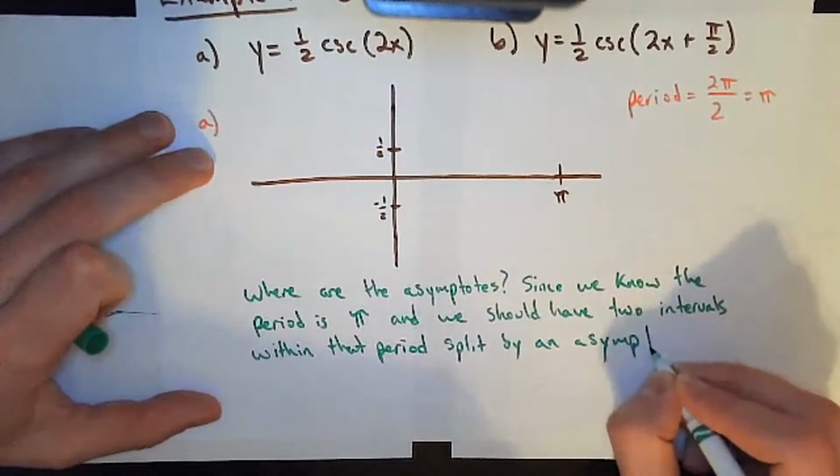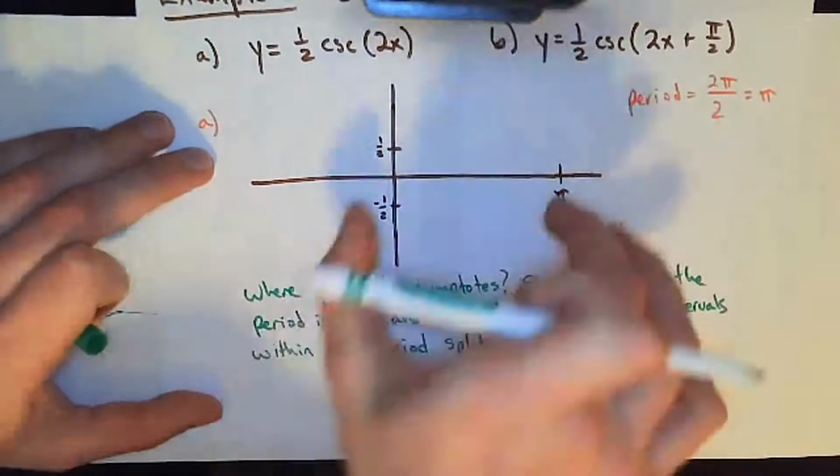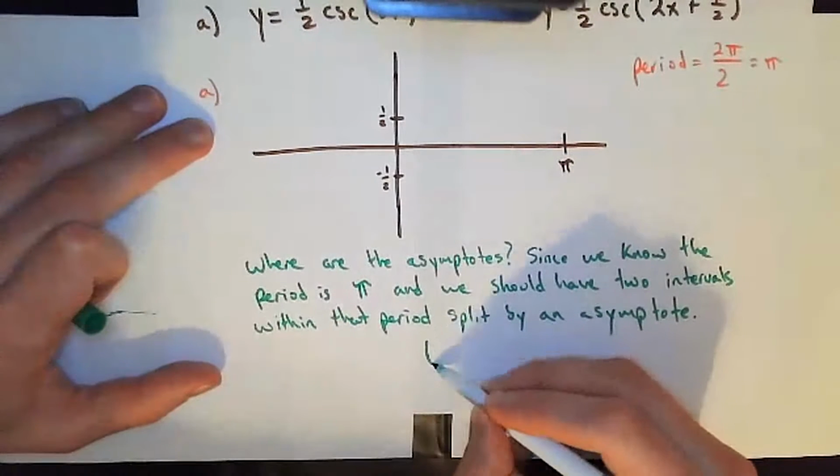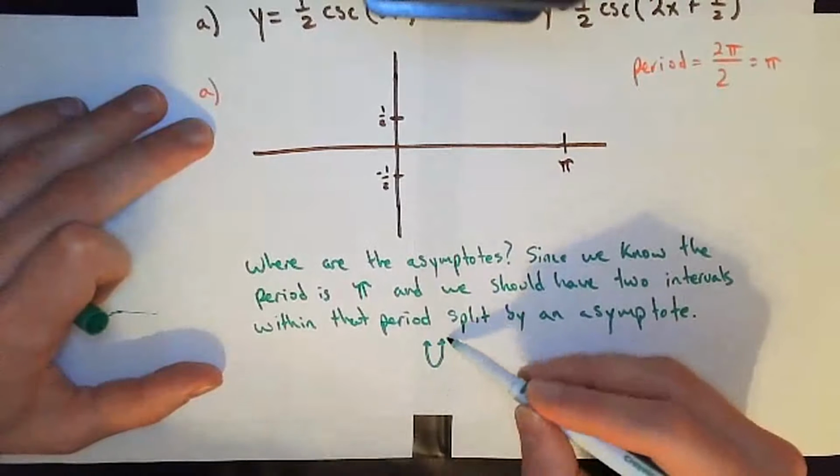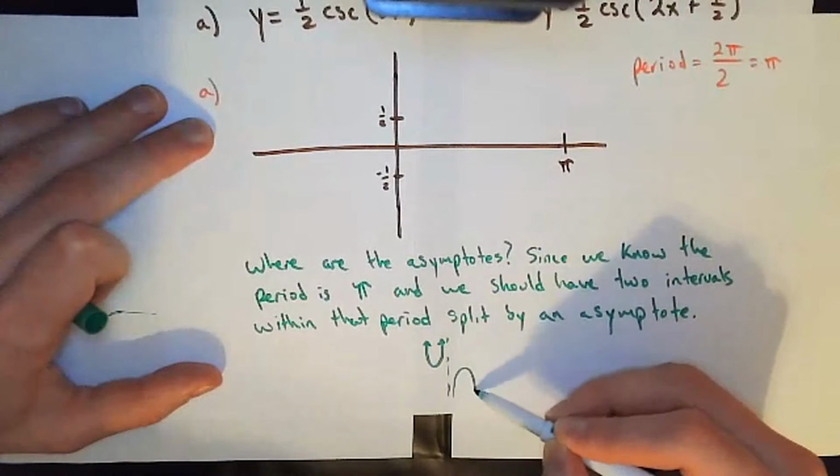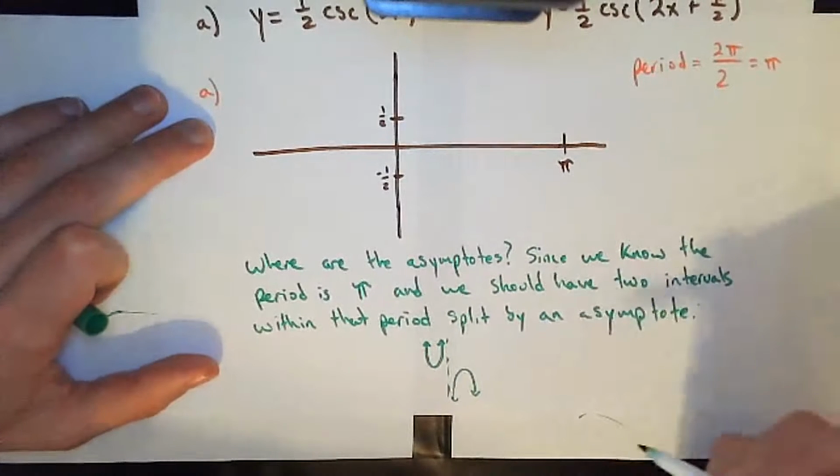So what am I saying there? I'm saying that within this period of pi, we should have one part going up, and then an asymptote, and then one part going down like that.